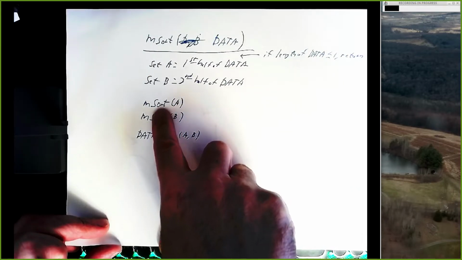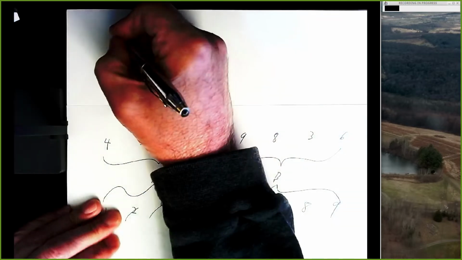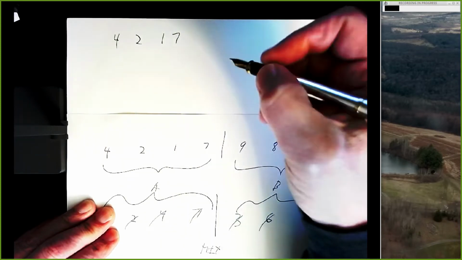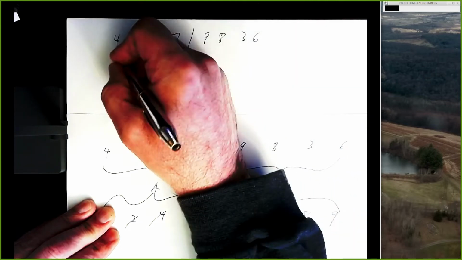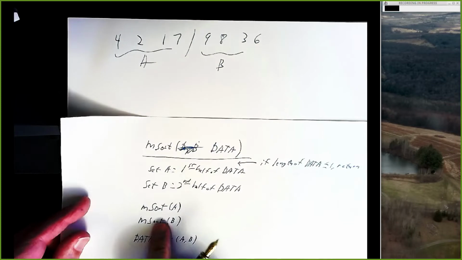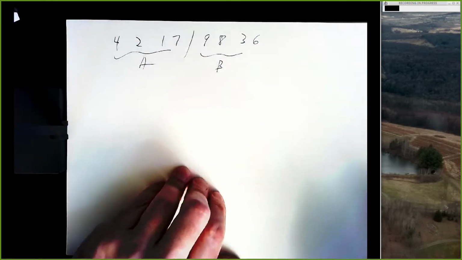But if we want to know what happens here, let's do this again and let's follow the recursion. So our input data is 4217 9836. And this is A and this is B. And we say msort A. Alright, so we're going to call merge sort.